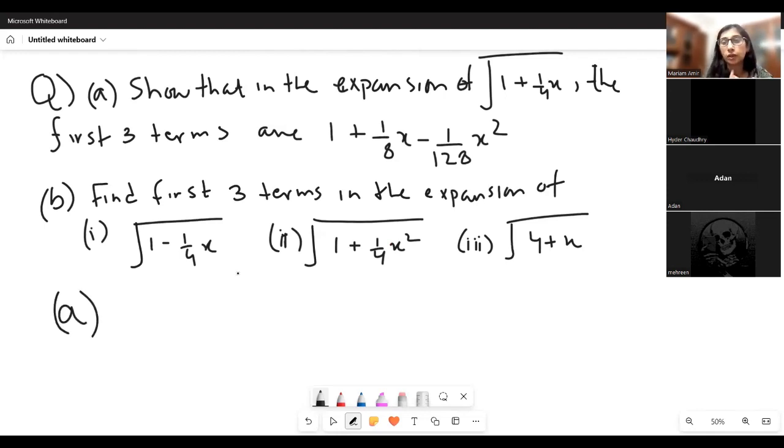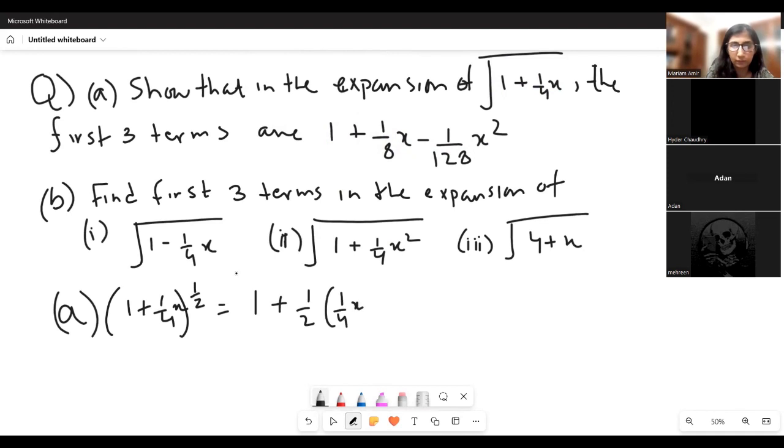So we have to show that when we expand this, we get this. Square root is power half. So this is 1 plus 1 by 4x power half expanded: 1 plus half times 1 by 4x plus half times half minus 1 upon 2 factorial times 1 by 4x whole square.